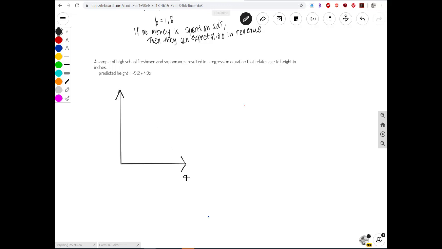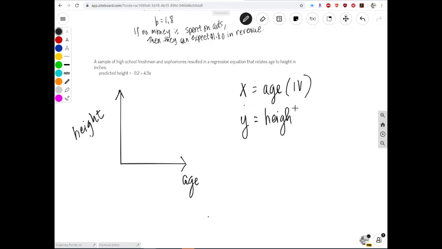My age is going on the x-axis, and my height is going on the y-axis. So I can say x is my age, and that's the independent variable, and y is height, and that's the dependent variable.